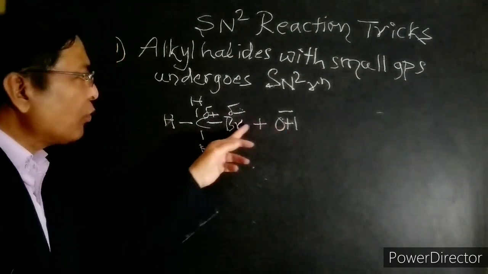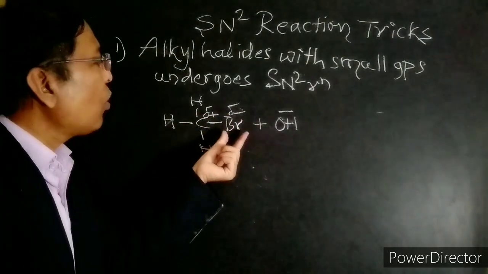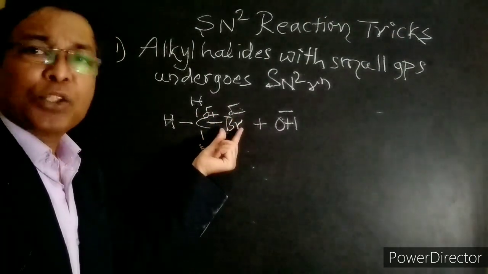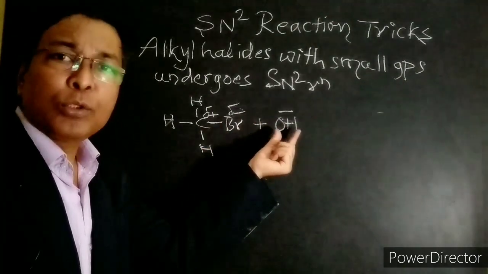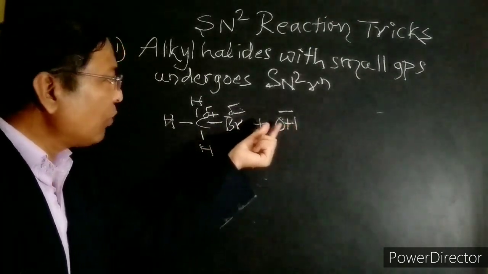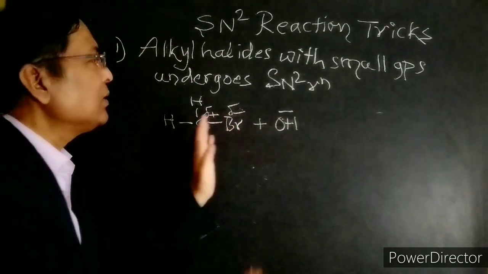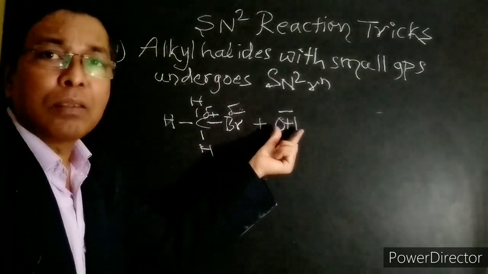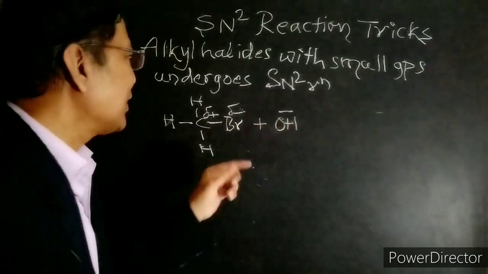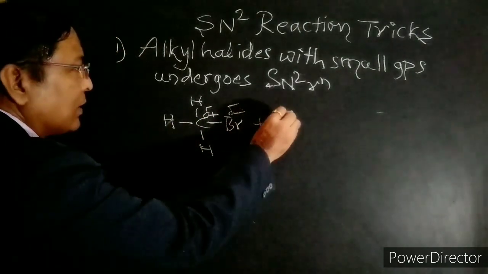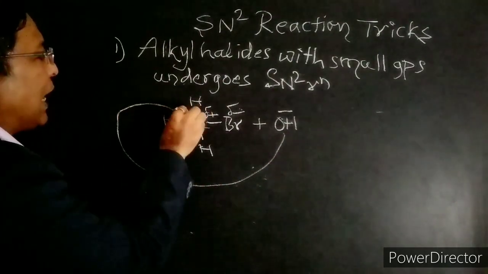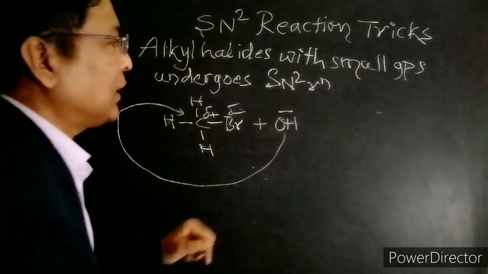Nucleophile will not come from the front side because bromine is negatively charged and the nucleophile is also negatively charged. If the nucleophile comes from the front side, there is repulsion between the halogen atom and the nucleophile because like charges repel each other. As a result, the nucleophile attacks the carbon atom from the backside.